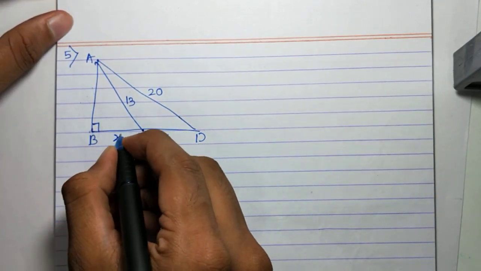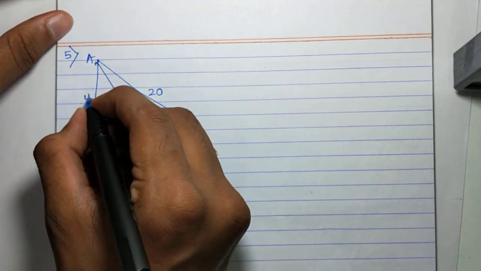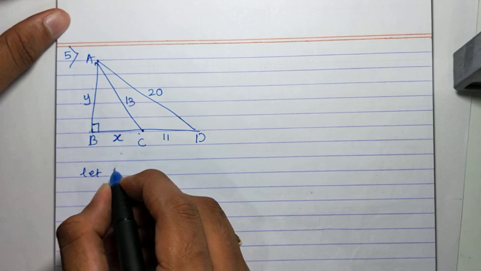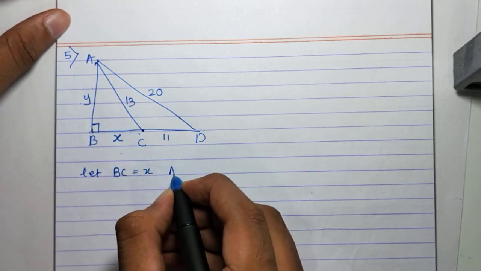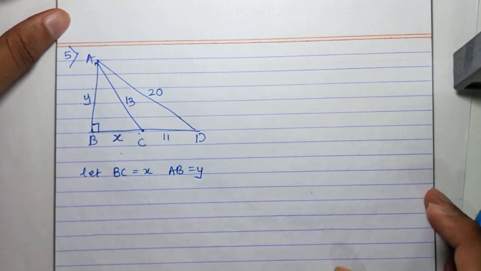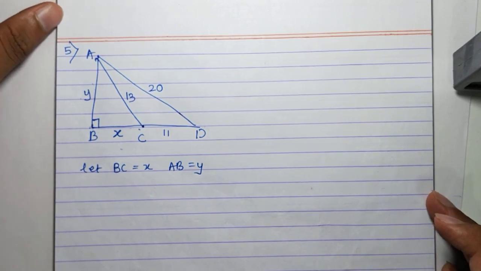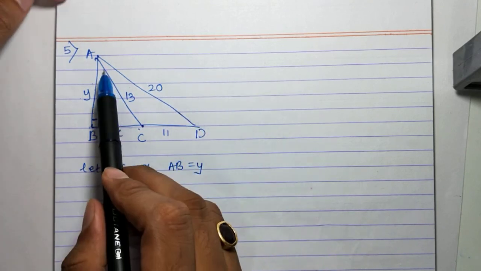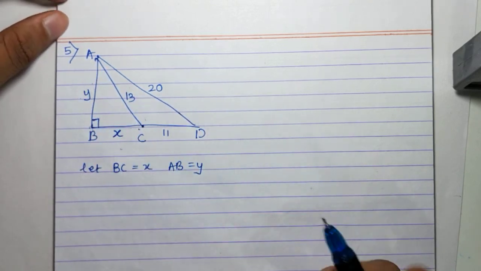Let's take BC as X and AB as Y. Now what will we do? There is no other option, so let's apply Pythagoras theorem in this triangle ABC.